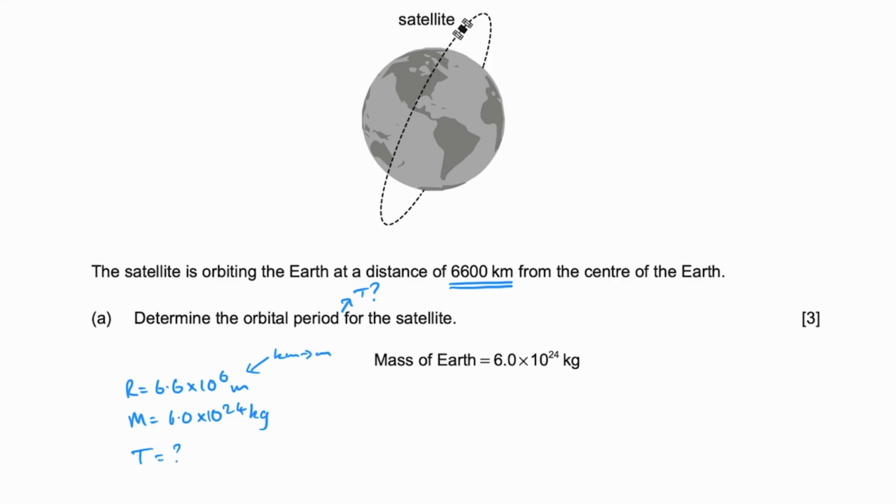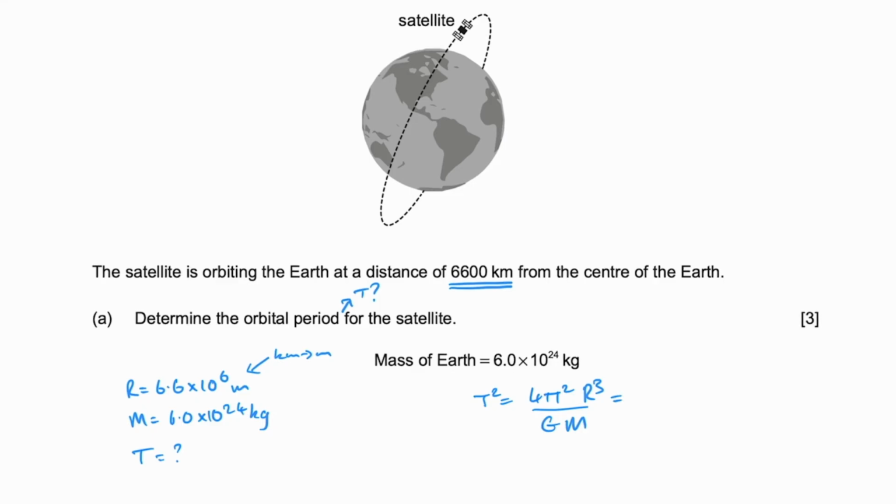and we want to find out what T is. Again, we're going to use our version of Kepler's third law. T squared equals 4 pi squared r cubed over GM, and we have the radius, we have the mass, everything else is a constant.